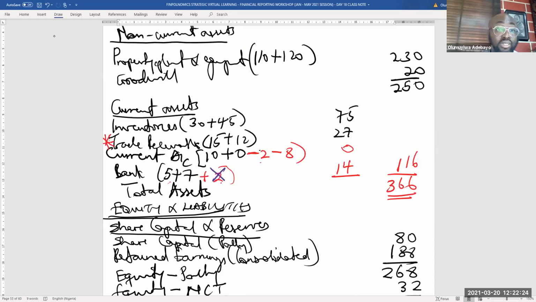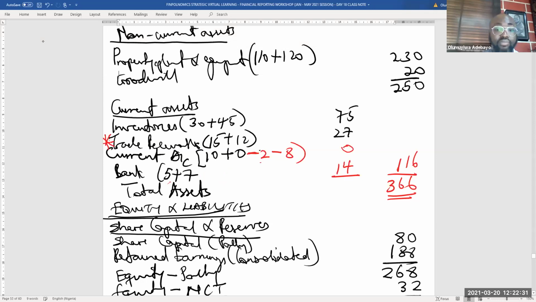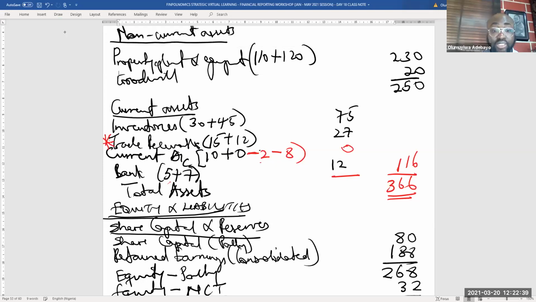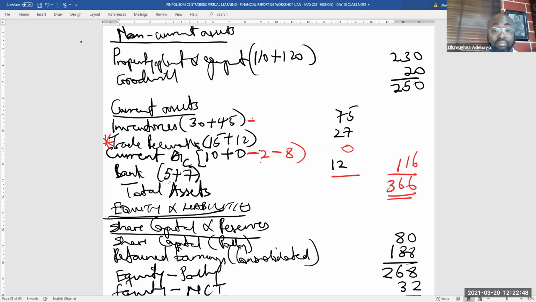Therefore, there's no adjustment here. This is purely 12. That too, instead of adjusting it against bank, I'll adjust it against inventory too.